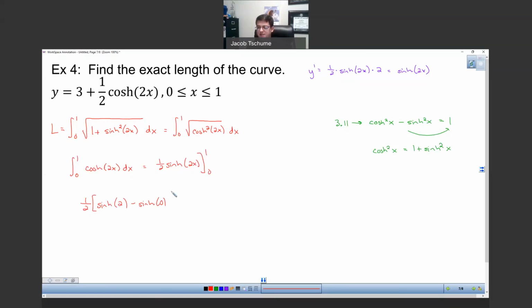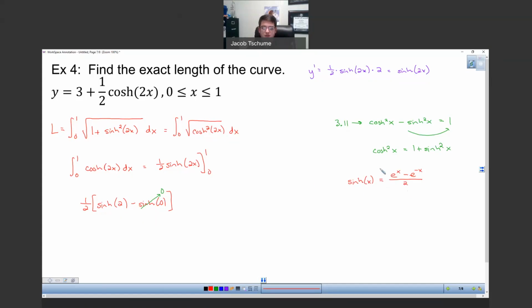Now, hyperbolic sine of 2 does not come out to a very nice number, so we'll just leave it alone. But actually, hyperbolic sine of 0 goes to 0. And that's because if you remember back in 3.11, the hyperbolic sine of x is defined as e to the x minus e to the negative x, all divided by 2.